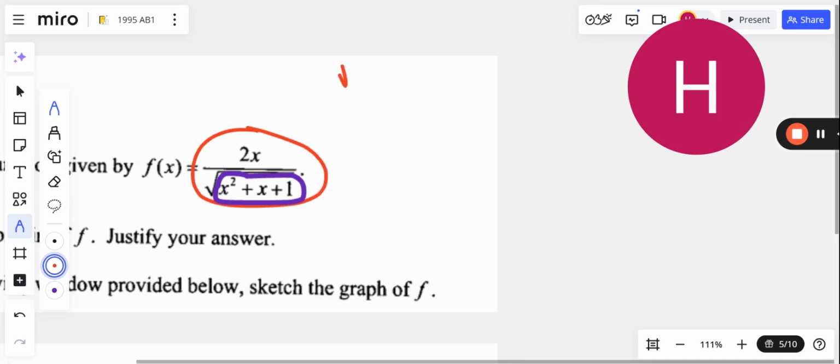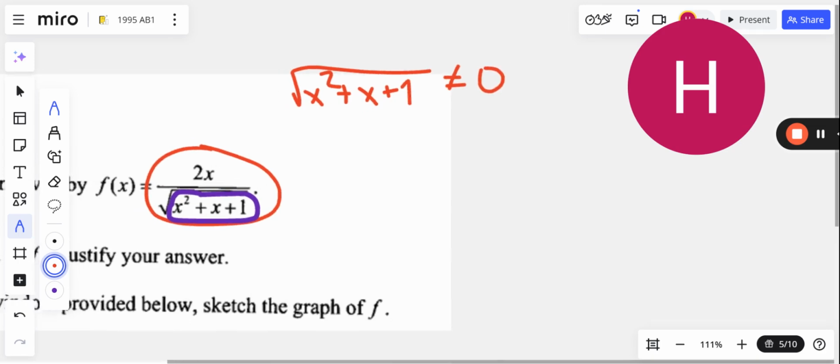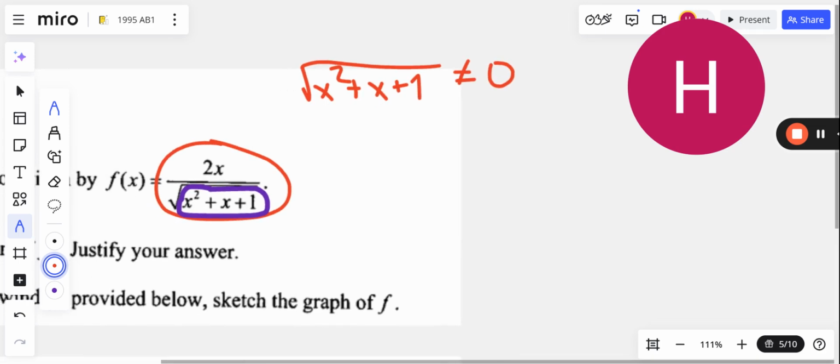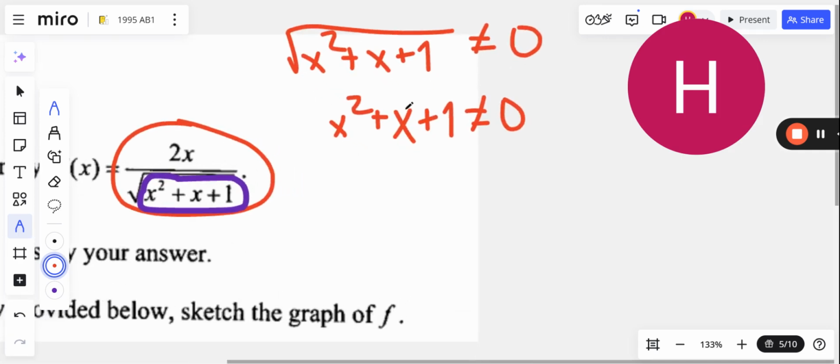So we need the denominator to not be 0. So this thing in the denominator, which includes the square root, needs to not equal 0. And that means that the inside of this radical needs to not equal 0. So let's find what values would make this equal to 0.